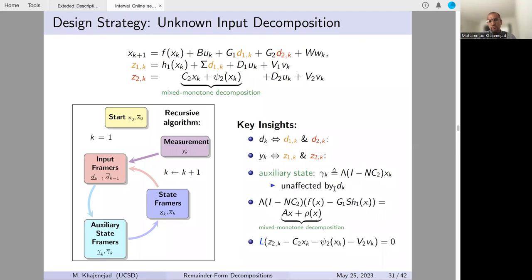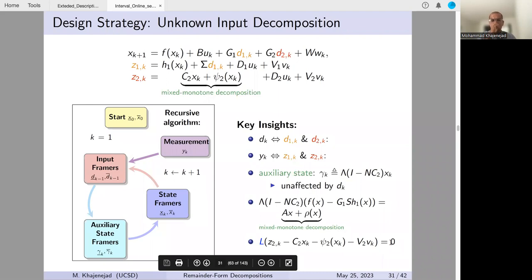We also need to apply this mixed monotone decomposition on part of the state equation. And finally, we use that part of the observation equation that is not affected by unknown input as the feedback term to bring in this design variable L as before.